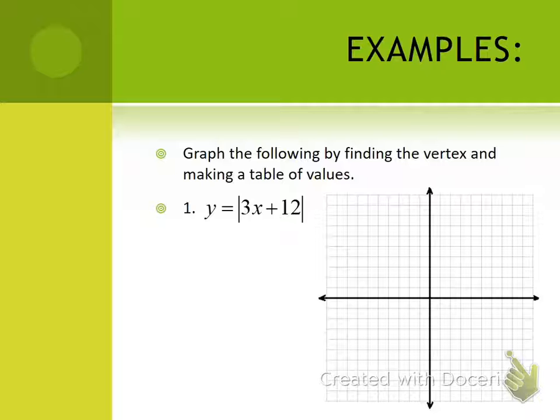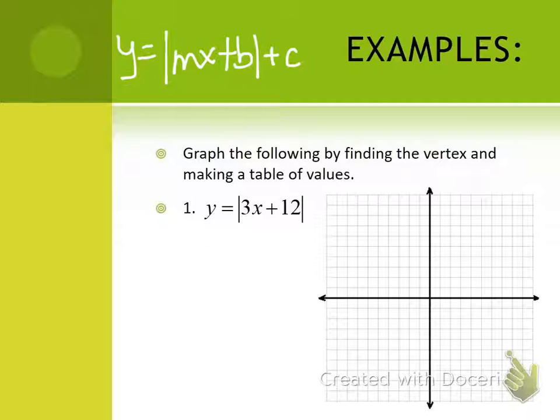To start off graphing these, we're going to find the vertex and make a table of values. So in order to find the vertex, we need to know the general form of the equation for these. If you refer back up to the top of your notes, the general form was y equals the absolute value of mx plus b and the absolute value plus c.